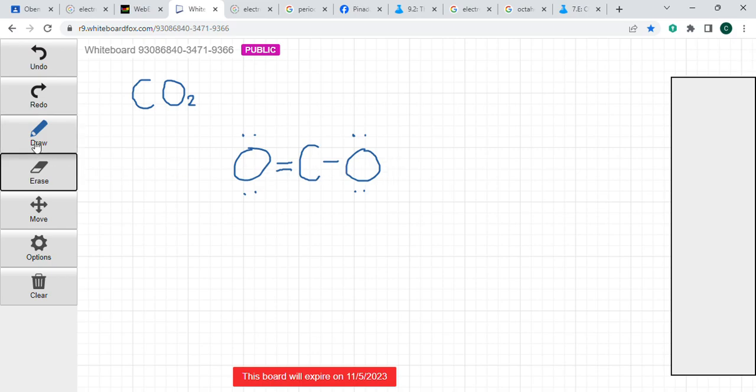We make them a bond. And there you go. Now let us see if the atoms follow the octet rule. For carbon, 2, 4, 6, 8, it is already good. For oxygen, 2, 4, 6, 8, it's also good. So now, this is the Lewis dot structure of carbon dioxide.